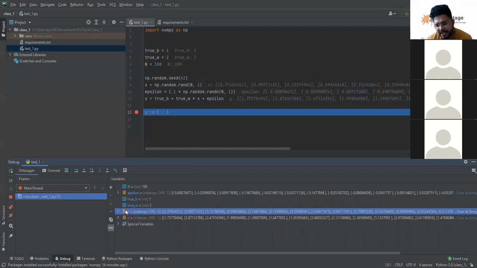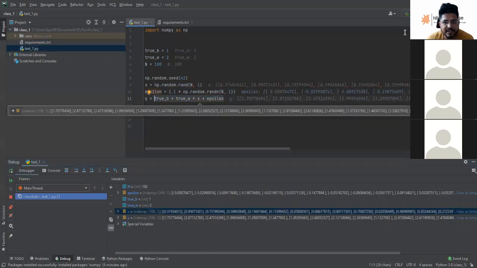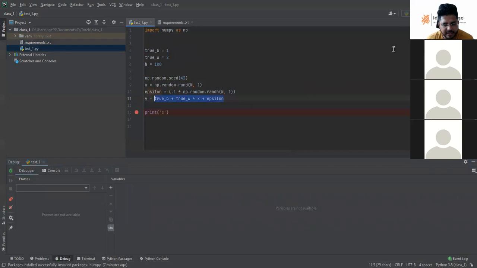I'm randomly initializing 100 points of epsilon, and using all these values, I am generating the value of y. And this is linear regression, because I am generating the value of y using this equation, and this equation signifies the linear regression.